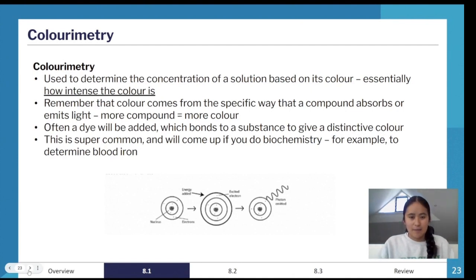And when it emits more of that, it basically means that there was a higher concentration. So the more energy it emits, the more concentration it has, and that can help us figure out what the concentration of something is. So basically, that's the theory behind it.